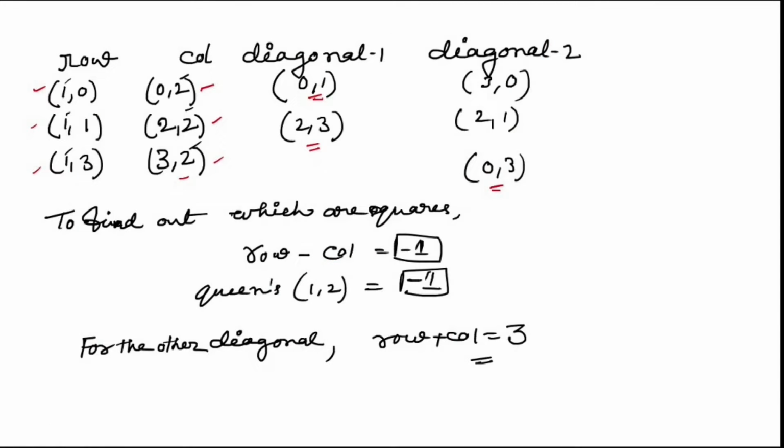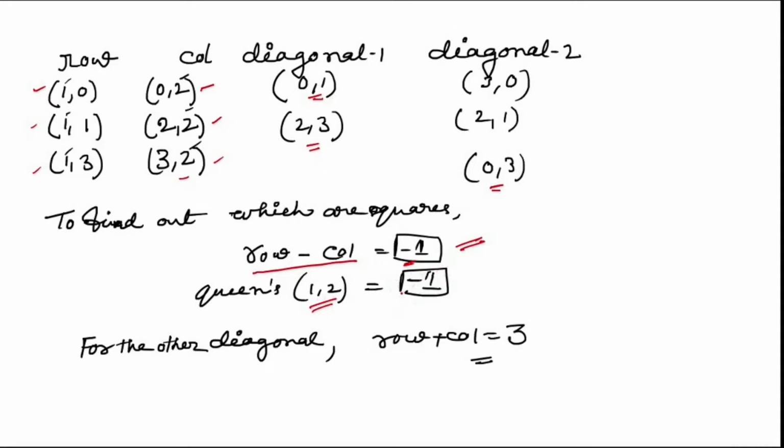So basically, to find the first type of diagonal, we will follow one formula which is row minus column. The first type of diagonal, in the sense top left to bottom right diagonal, will be the row minus column value. We will subtract the column value from the row value. If it is -1, then the first type of diagonals will be evaluated. So let's say queens are in 1 2, that means 1 minus 2 is -1.